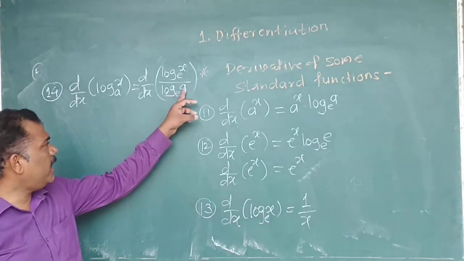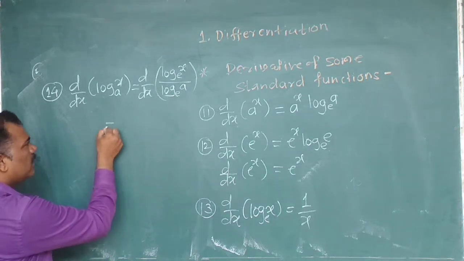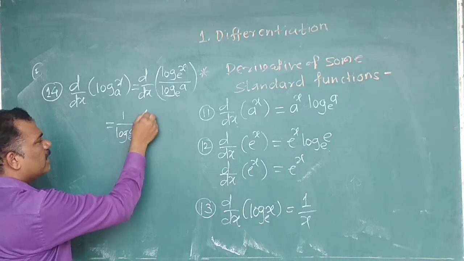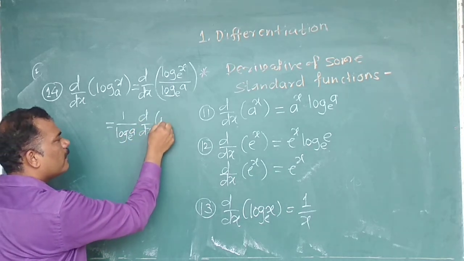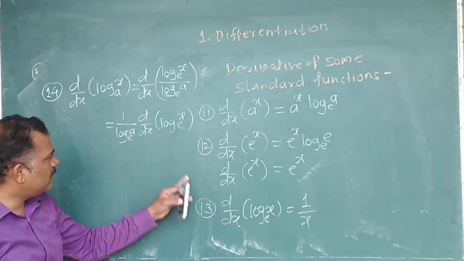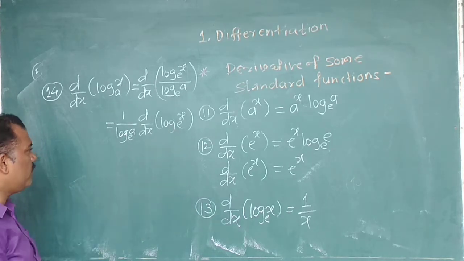Here log of a to the base e is a constant, so we take it outside the derivative: 1 upon log of a to the base e into d/dx of log of x to the base e. We already discussed that the derivative of log x is 1 upon x, so we get 1 upon log a into 1 upon x.